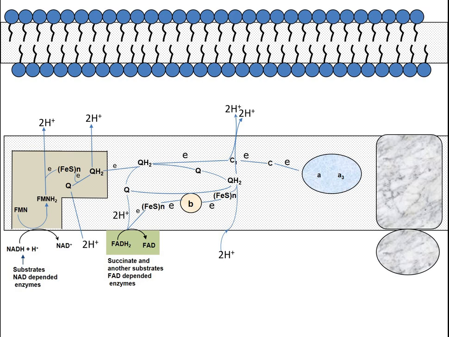As a result, the half reaction of oxygen reduction will happen at the center of cytochrome. 4 protons will be taken from the mitochondrial matrix. 2 of them will be spent on water formation, and 2 will be pumped into the intermembrane space.